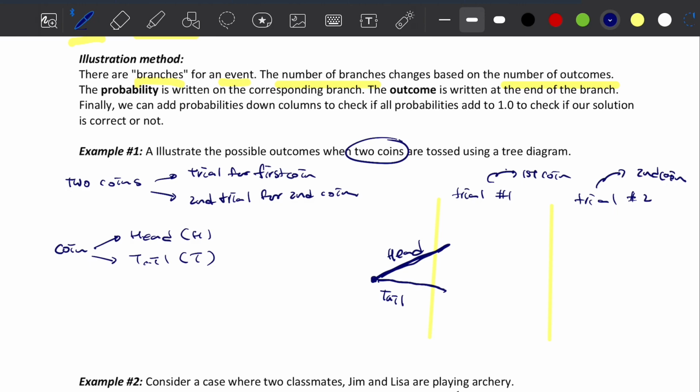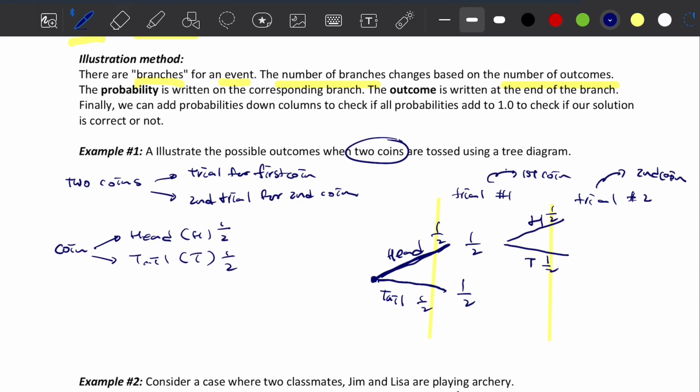Each case has a 1/2 chance, so we can say there is a 1/2 chance of getting head or tail. Then whenever we get the head, we toss another coin for trial number 2. When we toss another coin, there are again two outcomes, a head and a tail, and each of them has a 1/2 chance.